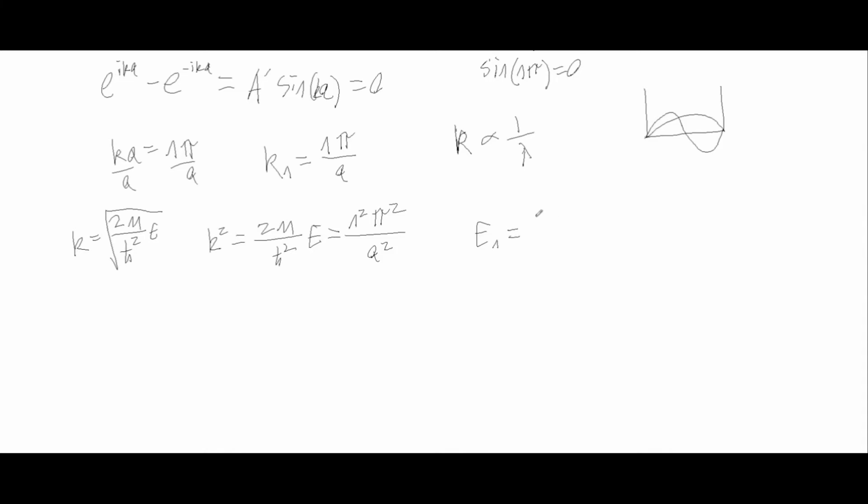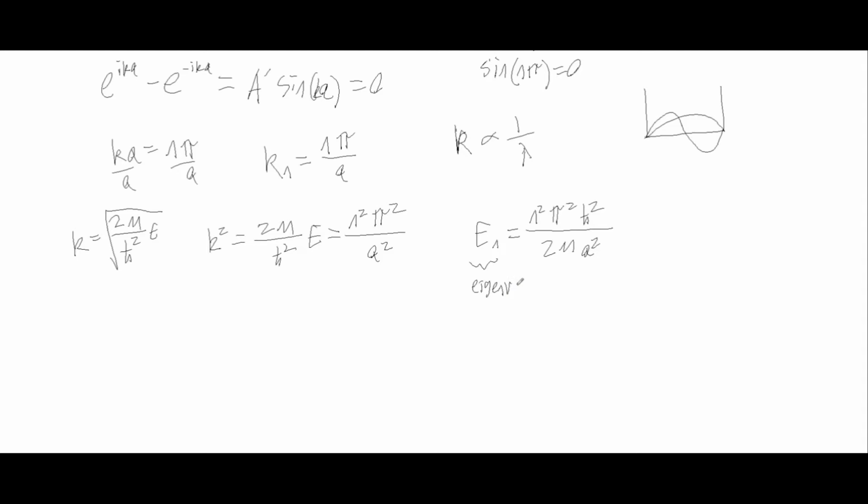We have E_n is equal to n squared pi squared h bar squared, because we multiplied both sides by h bar squared, over 2m, because we divided both sides by 2m, and we still have that a squared there. So this is what the energy equals.